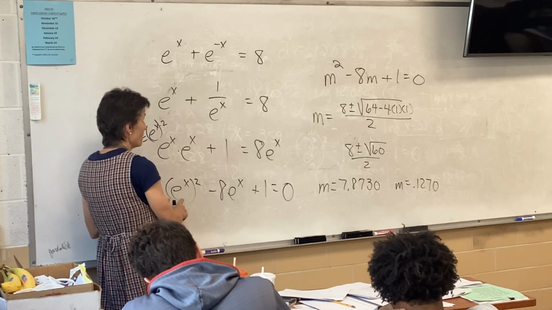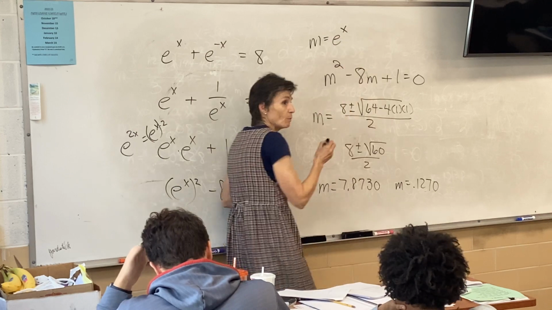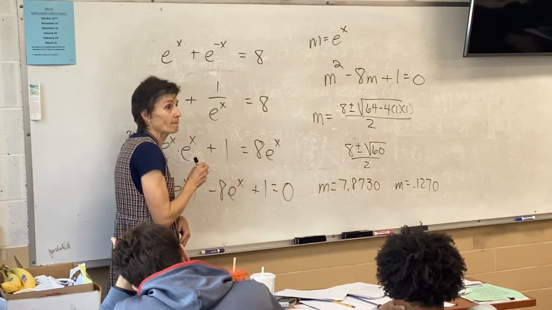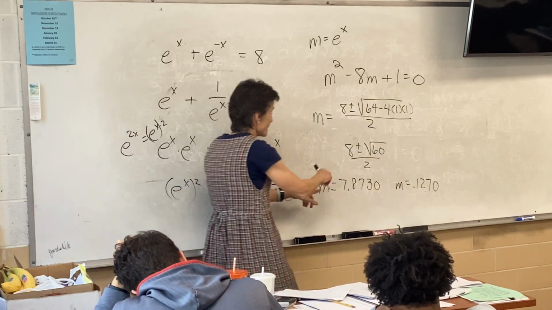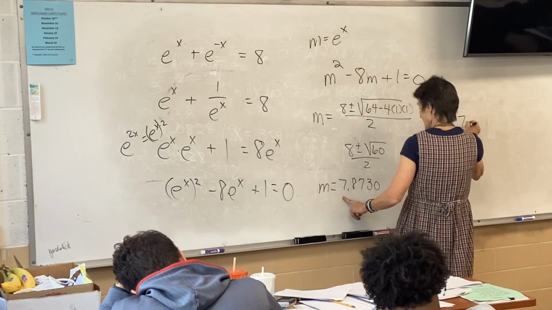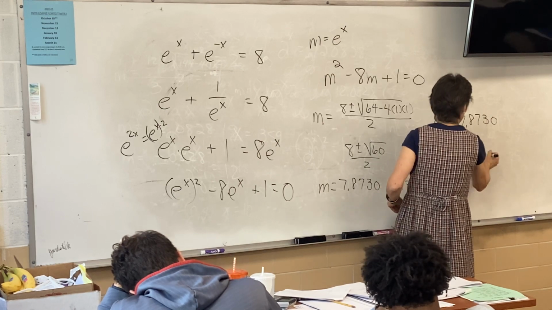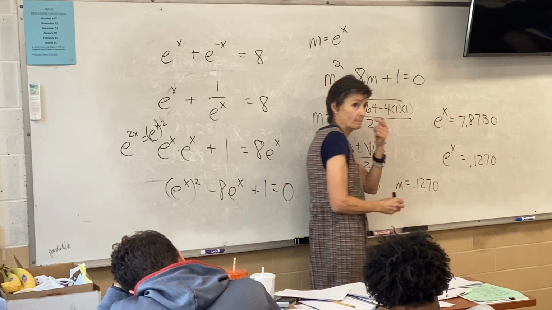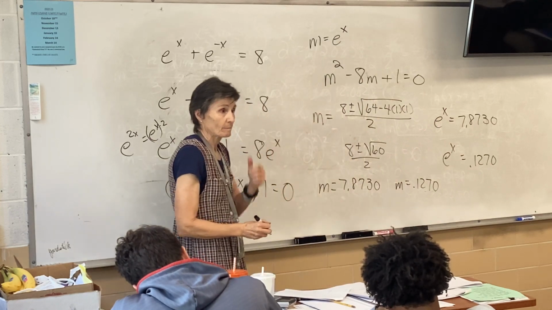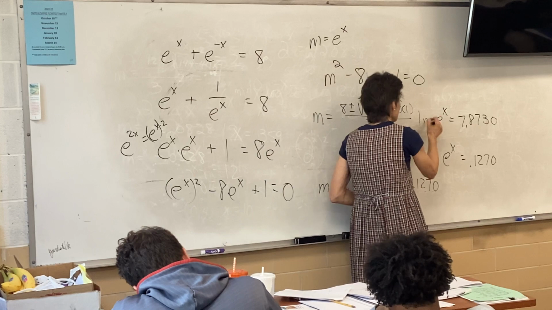We let m be e to the x, didn't we? Isn't that what we substituted in? So that means e to the x equals 7.8730, or e to the x equals 0.1270. Now we'll ln both sides.